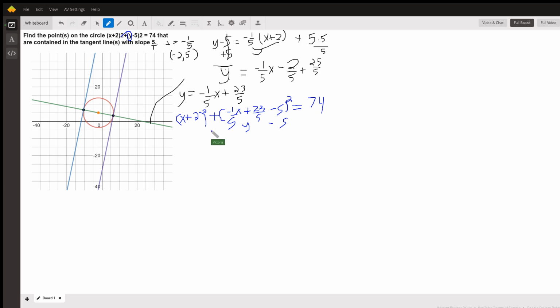So, once again, we're going to need a common denominator. And so this 5 is 25 over 5. So I'm just going to change it right here to be 25 over 5.